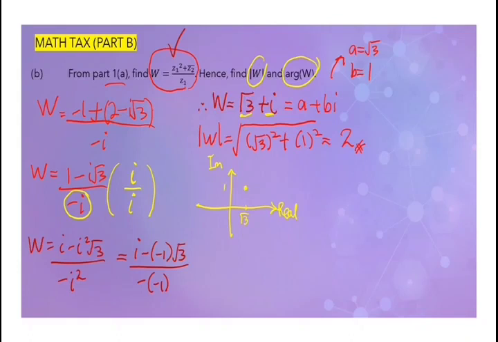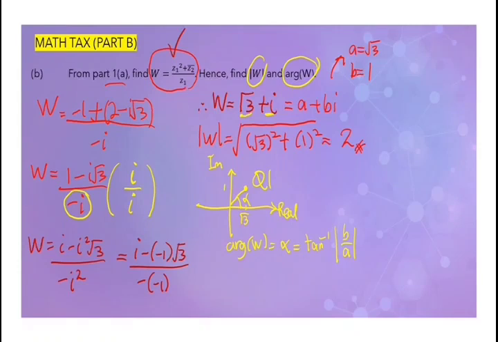So w will be in the first quadrant. So for the first quadrant, the argument of w is equal to alpha, and alpha is equal to arctangent modulus of b over a.